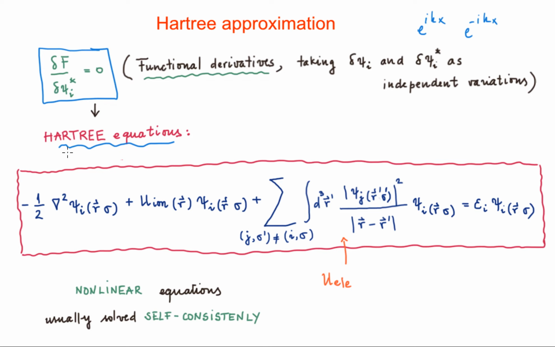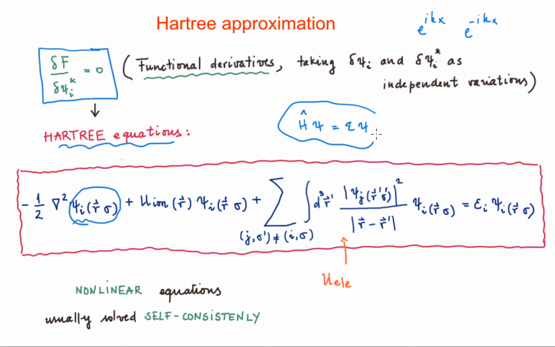These are the Hartree equations we need to solve in order to get the wave functions, this psi_i, the wave functions corresponding to each electron. So that's the equations that we need to solve. If you look at them, they look very similar to the equations that arise whenever we have to solve for the eigenstates or eigenfunctions of the Hamiltonian.